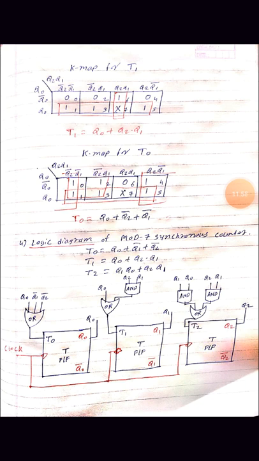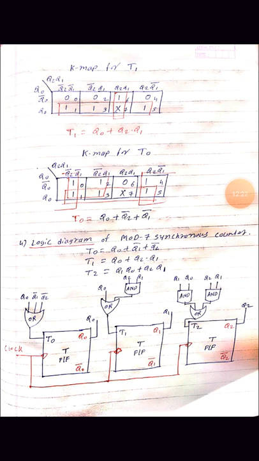So the last step is to design a logic diagram of the mod 7 synchronous counter. Here we get T0, T1, T2, these are the 3 inputs after solving the K-map. It will be shown with the help of 3 T flip-flops.